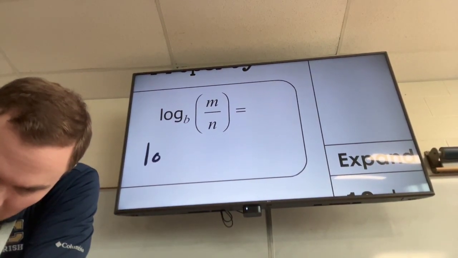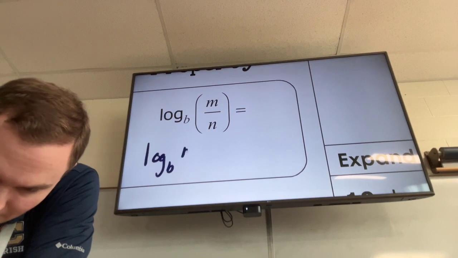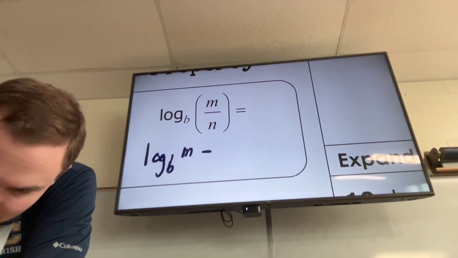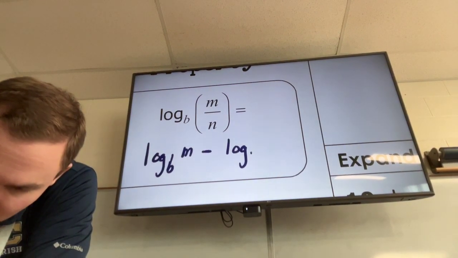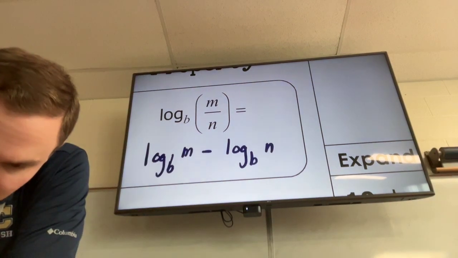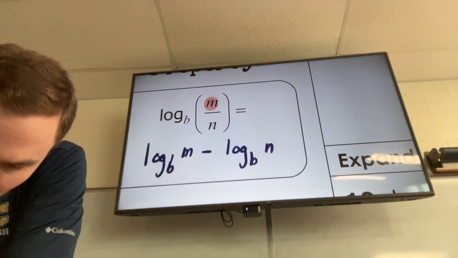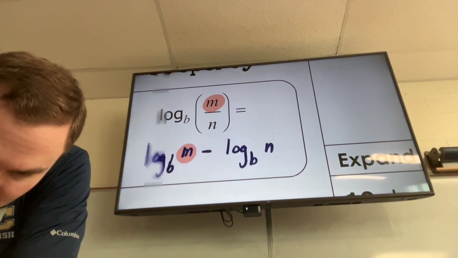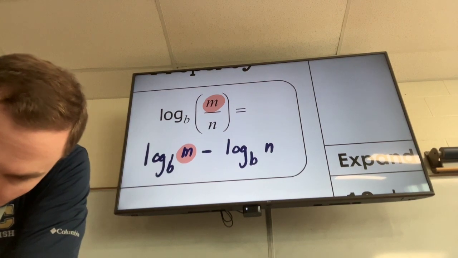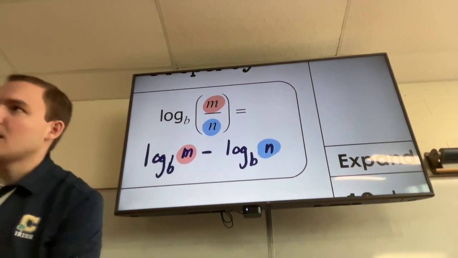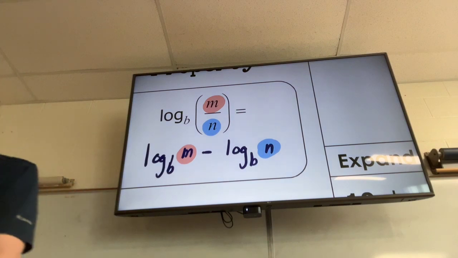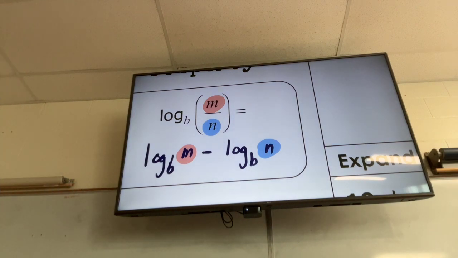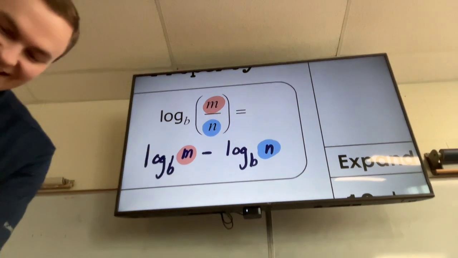That's going to be log base b of the top number minus log base b of the bottom number. Okay, so make sure you do top minus bottom. Top minus bottom.